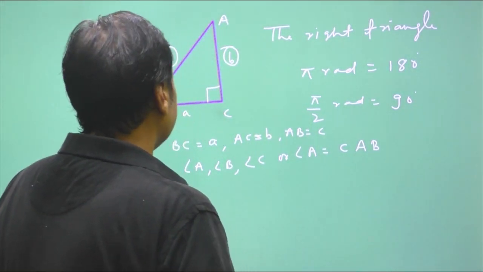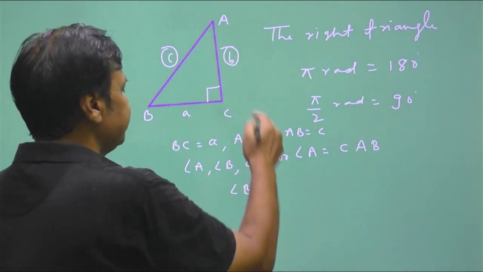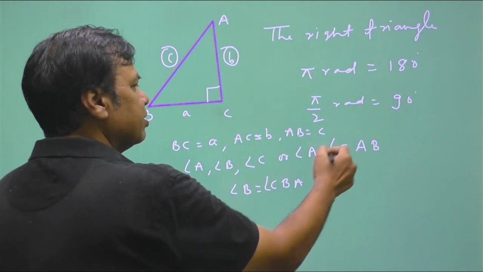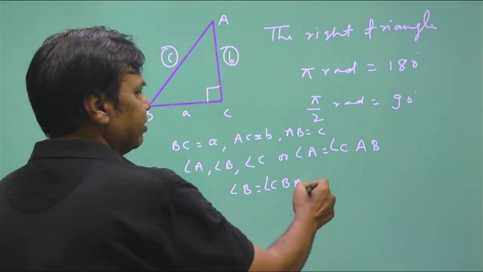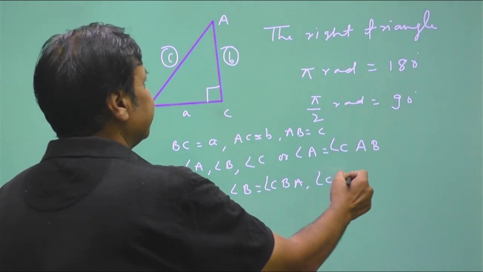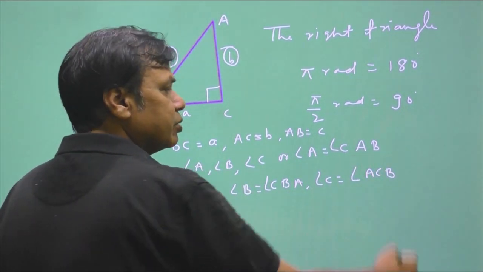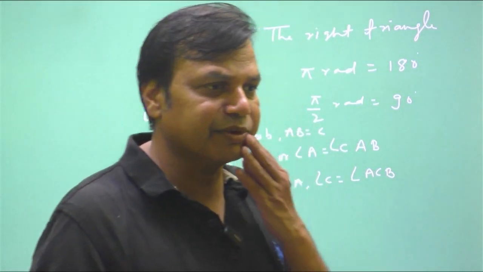And in the similar manner, you can write angle B equals CBA, angle CBA. And angle C, that is the right angle in the triangle, you can write it like angle ACB, like this. So these are the conventions.